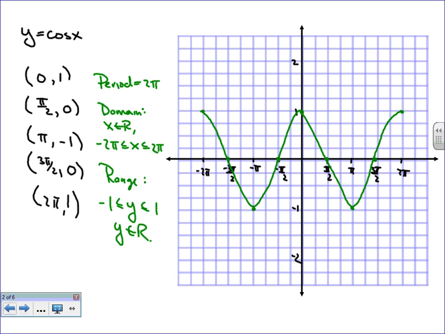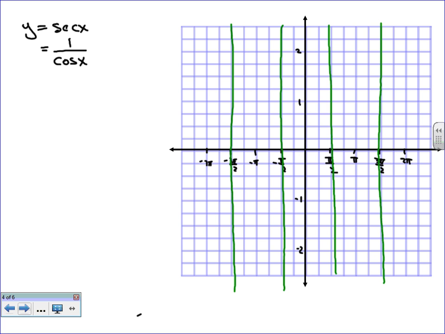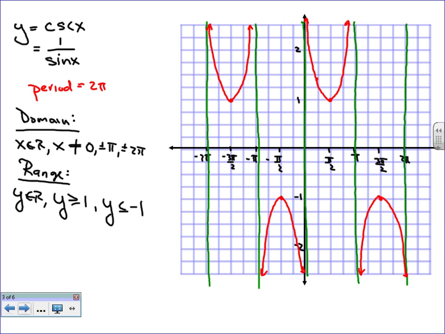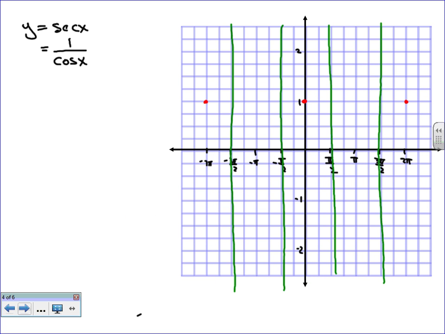Wherever the cosine is equal to 1, the reciprocal is going to be equal to 1. So cosine is equal to 1 here, here, and here. And wherever cosine is equal to negative 1, down here and here, the reciprocal is going to be equal to negative 1.